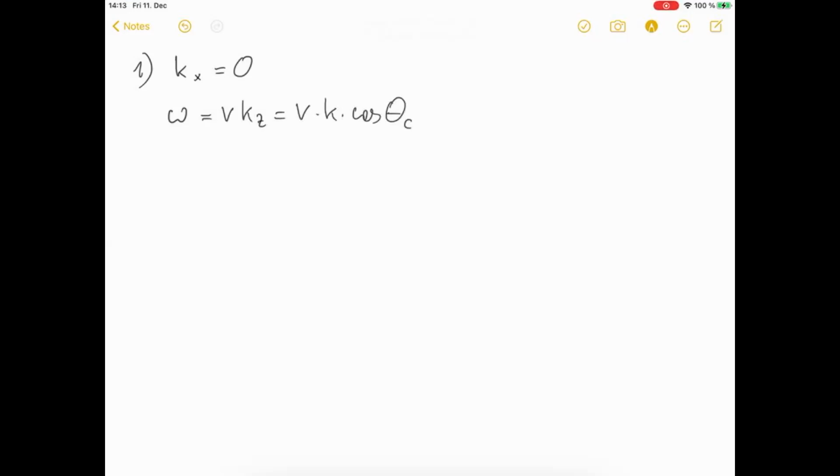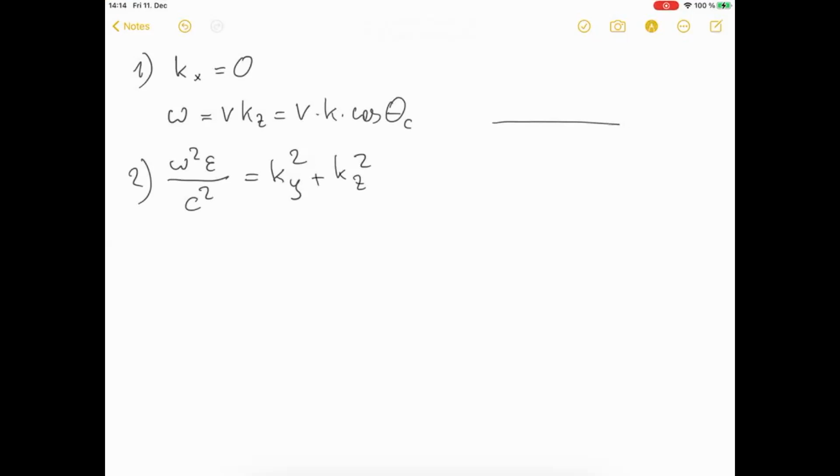That's one thing we know. The second thing we knew, and we already put this together for the threshold above which real emission is possible, but let's write again, omega squared times epsilon divided by c squared, our dispersion relation, but this time without the kx to simplify the calculation, plus kc squared.